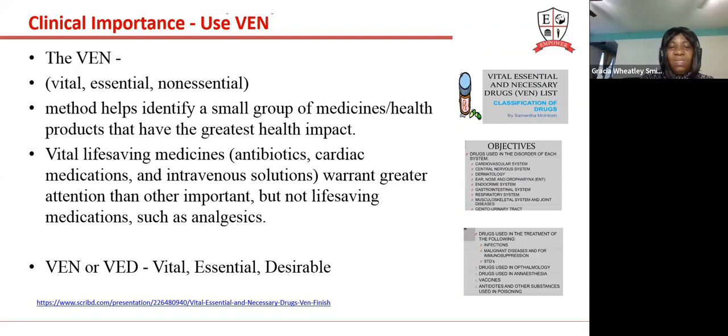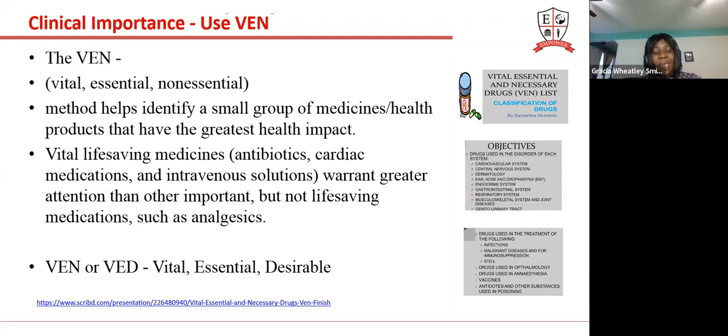The method helps us identify a small group of medicines or health products that have the greatest health impact. Vital, life-saving medicines such as antibiotics, cardiac medication and intravenous solutions warrant greater attention than other important but not life-saving medications such as analgesics.